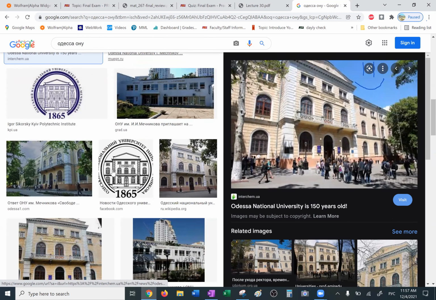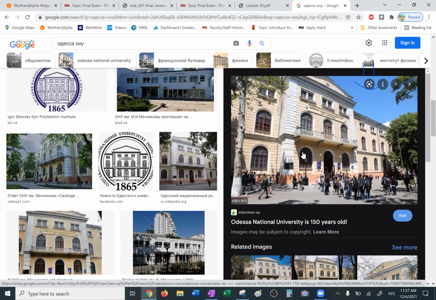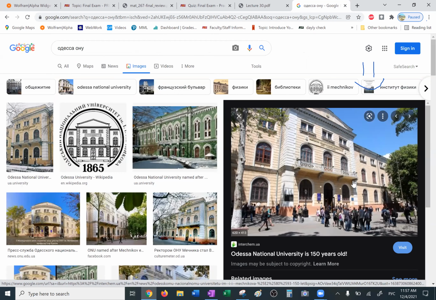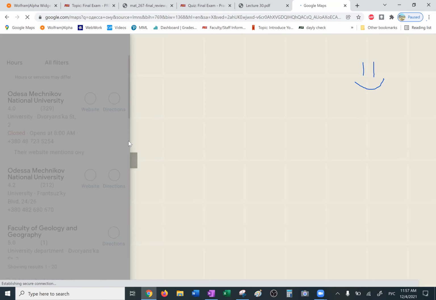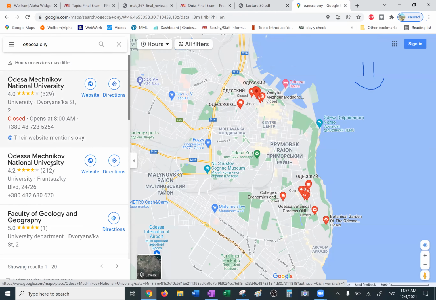My problem was that we had to relocate this math department inside of this university. I have pictures in front of the doors. My problem was that for the PE, you had to take a train or a tram or a bus and go from this location to the stadium. This one is here, exactly between these two.